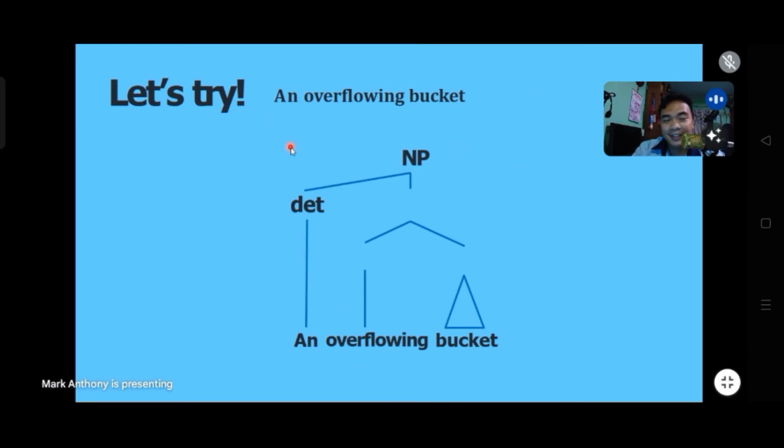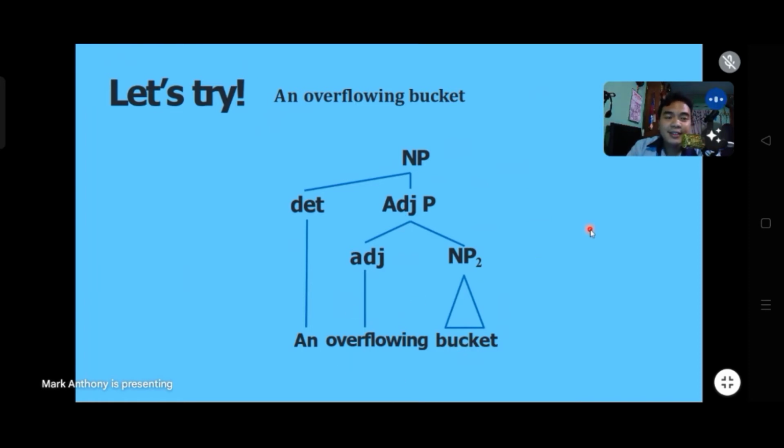The next one we have is, of course, the adjective phrase, and we're going to dissect it into two sub-constituents. We have "overflowing," which is the adjective present in the sentence, and the next one, "bucket," which is the noun present in the sentence.